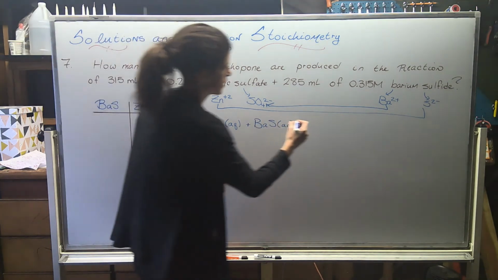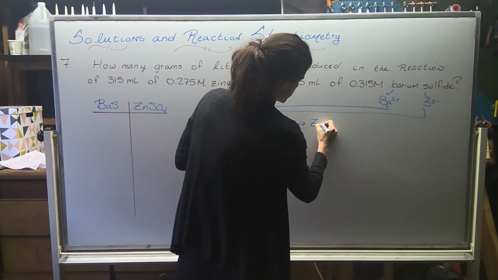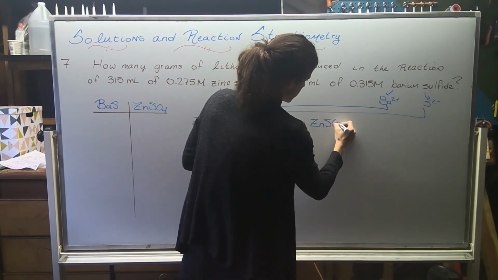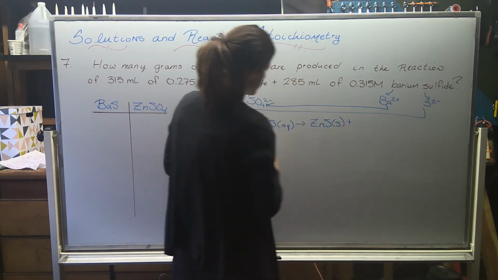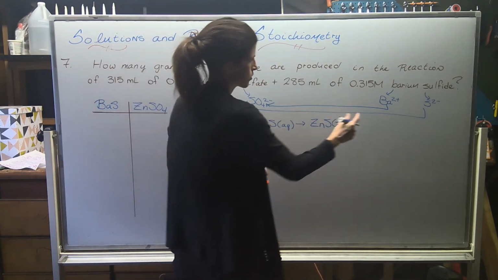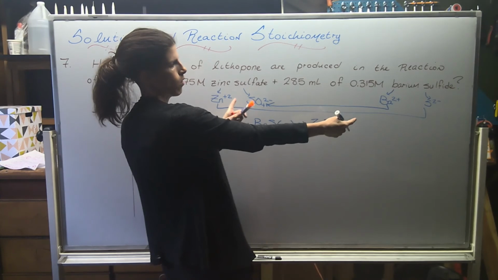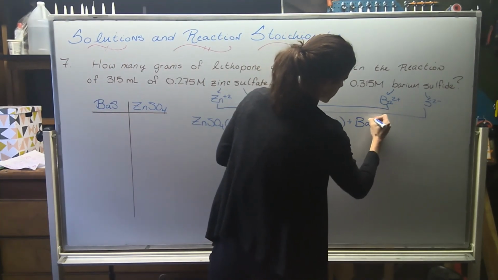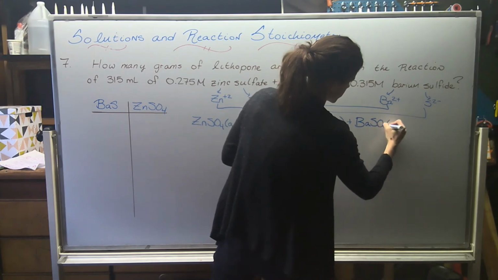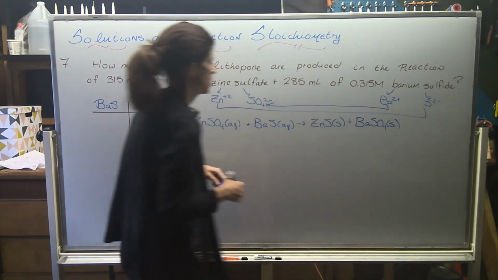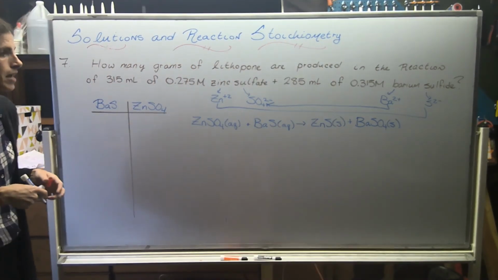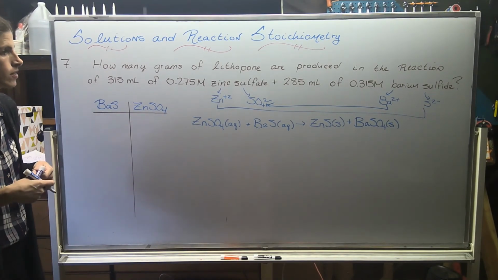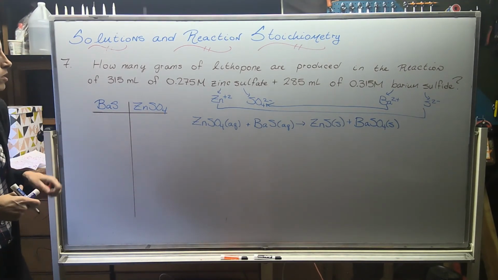So we're going to have zinc sulfide. That's going to be a solid as one of our precipitates. And the other precipitate, it's still going to be 1-to-1, but I got to put the barium first. So I'm going to do barium sulfate as my other precipitate. Double check, but this is actually balanced. So we can continue with the problem.